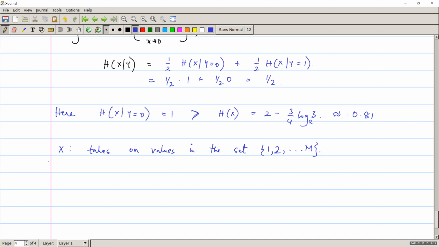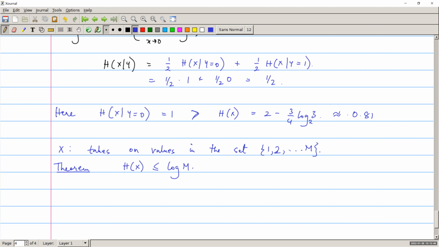I know that the entropy of x is less than or equal to log n. So what is log n? Log n is how many bits you would have needed to describe all, if you wrote binary descriptions of each of these elements, you would have needed log n bits.